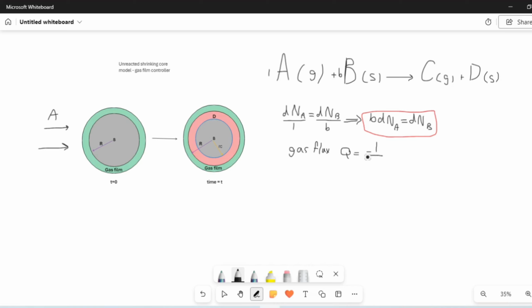So we can write it as minus 1 divided by the external surface area multiplied by dNA over dt, which represents the changing moles of A over time. And now I want to open the external surface area, which is 4 pi r squared.